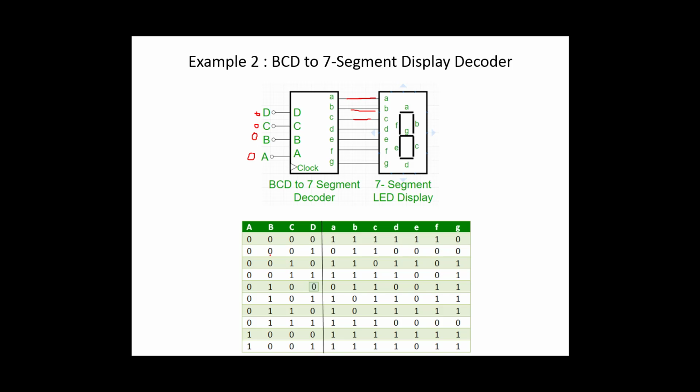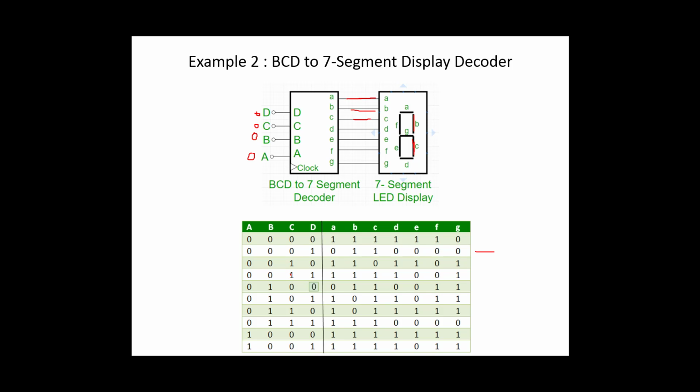Similarly, for 0 0 0 1, the segments B and C are switched on, whereas all other segments are off. So B and C are switched on, and this produces 1 on the display, and so on. So we have a total of 10 input combinations, and for each input combination there is a specific pattern of 7 segments that needs to be switched high.